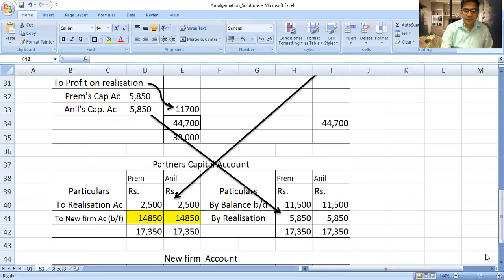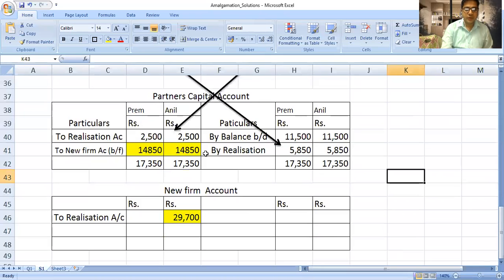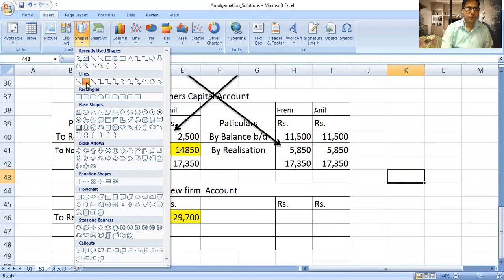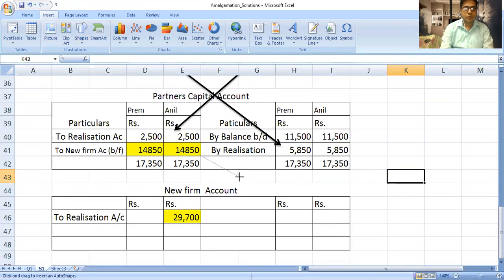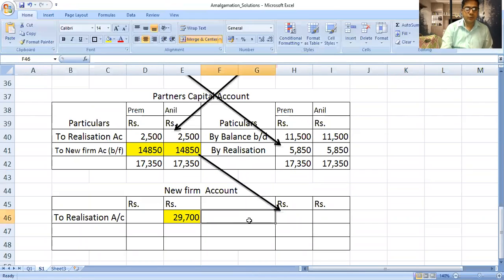Now, whenever we transfer these values, this particular value we have to show on the credit side of the new firm account. What we have to write here?